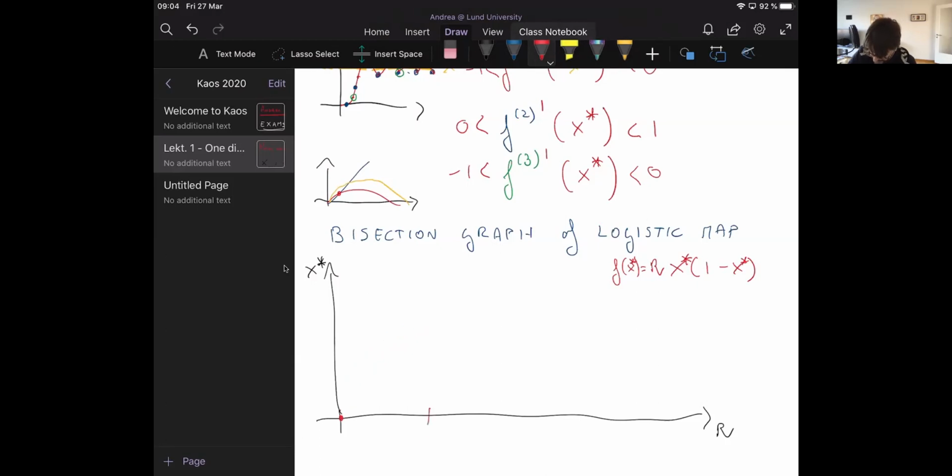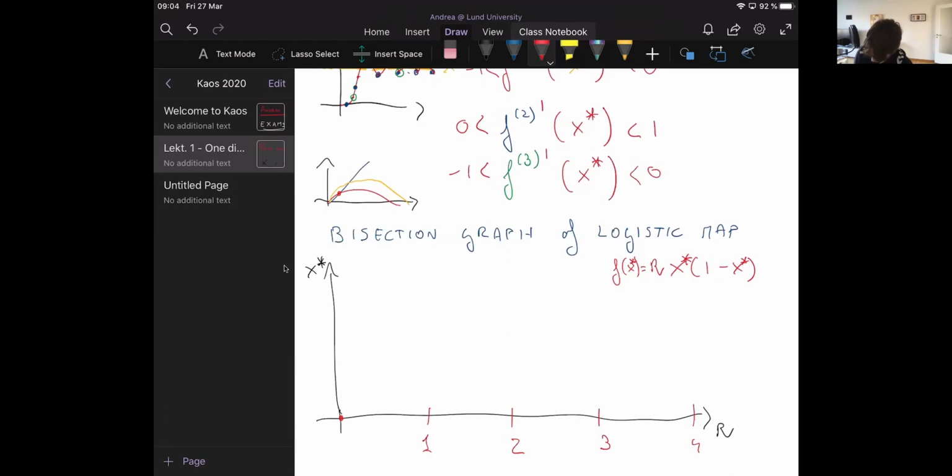We calculated some interesting points where interesting stuff starts to happen.